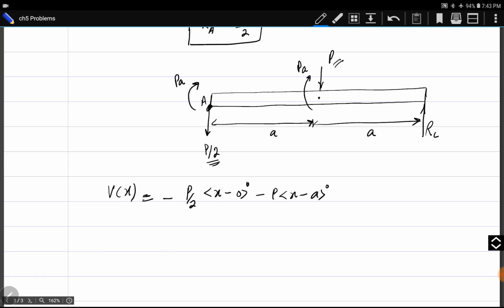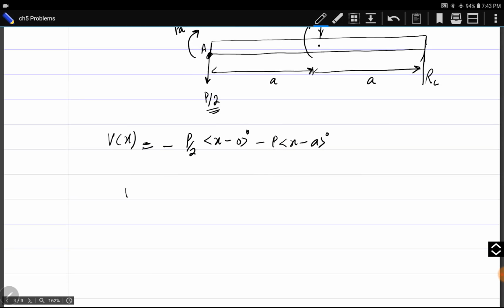In this case, again, we will get a similar expression. Vx is equal to, x minus 0 will be x. It cannot be a negative number. So x is length, it will always be a positive number. And any positive number minus 0 will be the same positive number. So x power 0 is 1. So I can write it as P by 2 minus P into x minus a power 0. This is singularity function for the shear force.